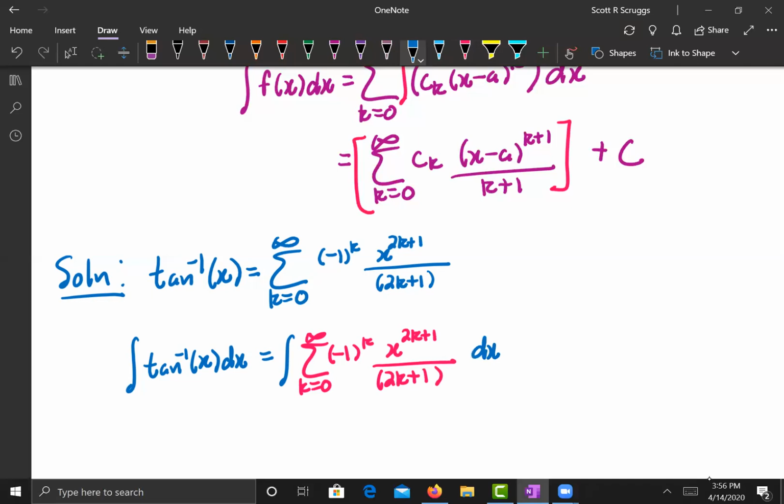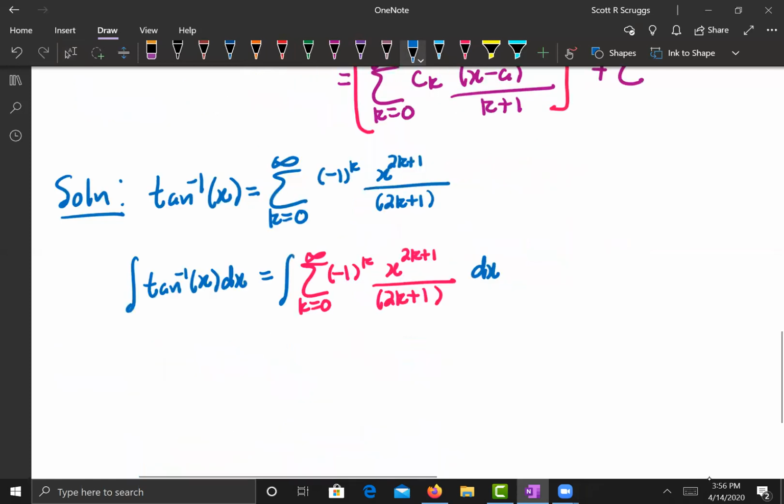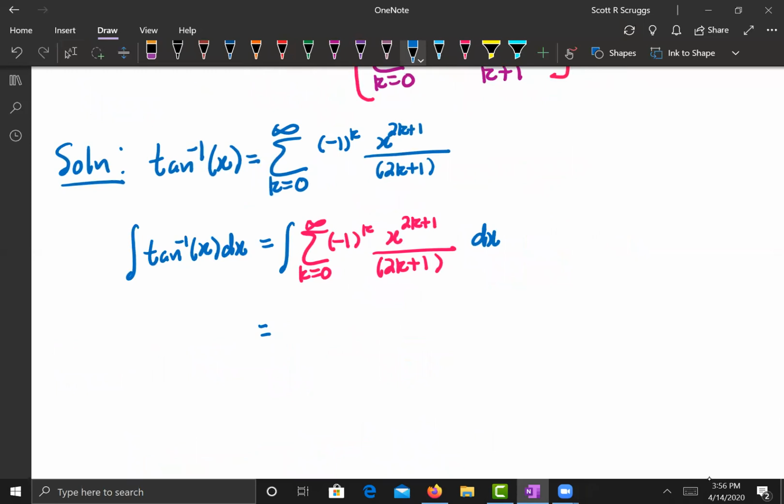And now what the property is saying is if I'm integrating with the power series, I can essentially move the integral inside and integrate term by term. So I'm now going to integrate (-1)^k x^(2k+1) over 2k+1, and then a dx inside.